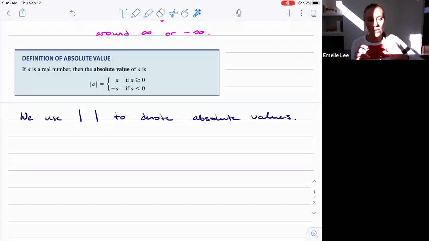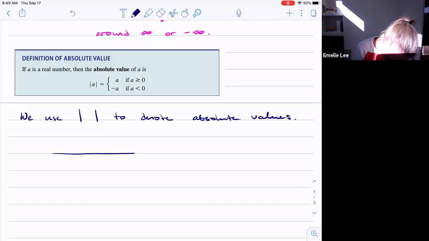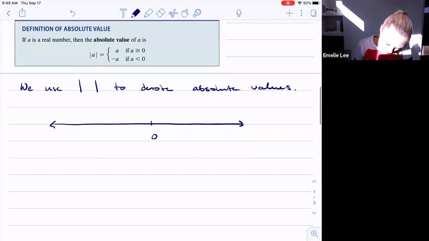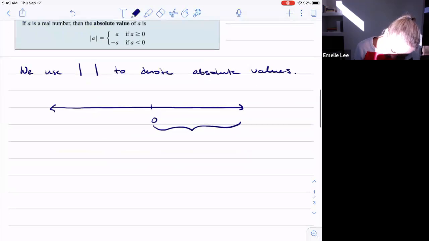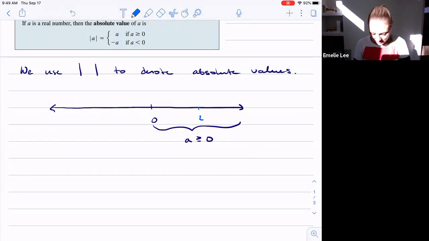But it just says, well, the absolute value of A is going to behave differently if A is positive. So if A is greater than or equal to 0, then that means it's positive. If we think about the number line here, at 0, for all these values, A is greater than or equal to 0. For example, we've got the value 2 somewhere here. 2 is coming up a lot.